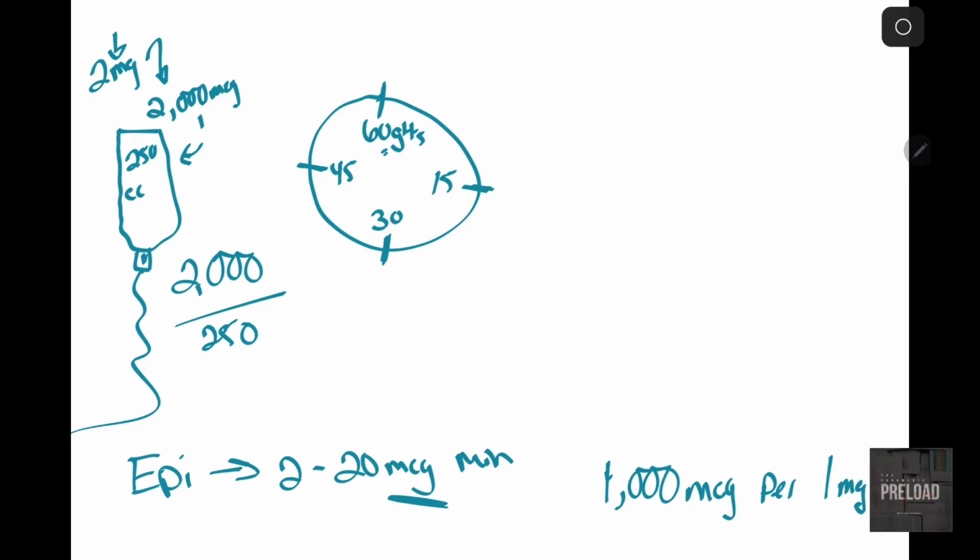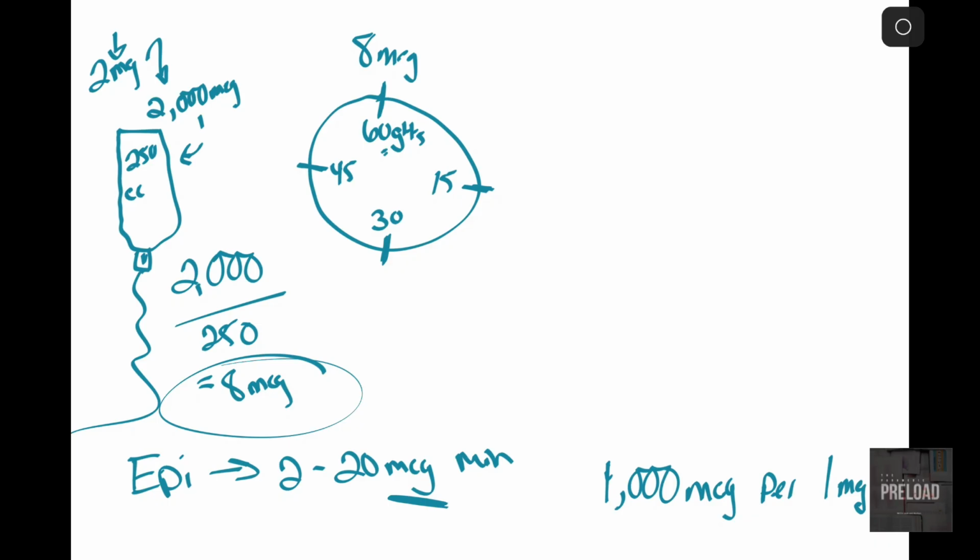And what that's going to equal is 8. So just as we did with the other, that's going to be 8 mcgs. So we put our 8 up here and we go 8 micrograms, because what that tells us is for every cc that we give, or 60 drops, that's going to equal 8 micrograms, right?